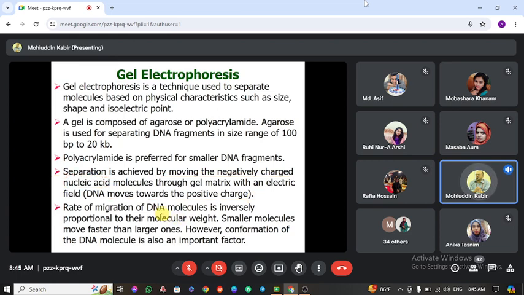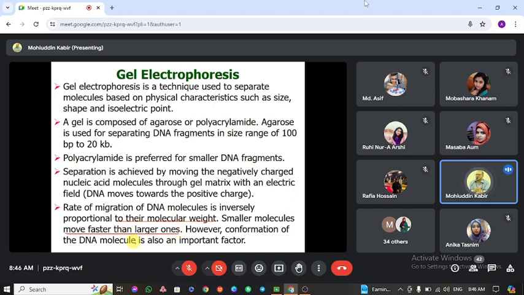Now, the rate of migration of a DNA molecule or protein molecule is inversely proportional to its molecular weight. Small molecules will move faster than the large molecules, or the large molecules will move slower than the small molecules.